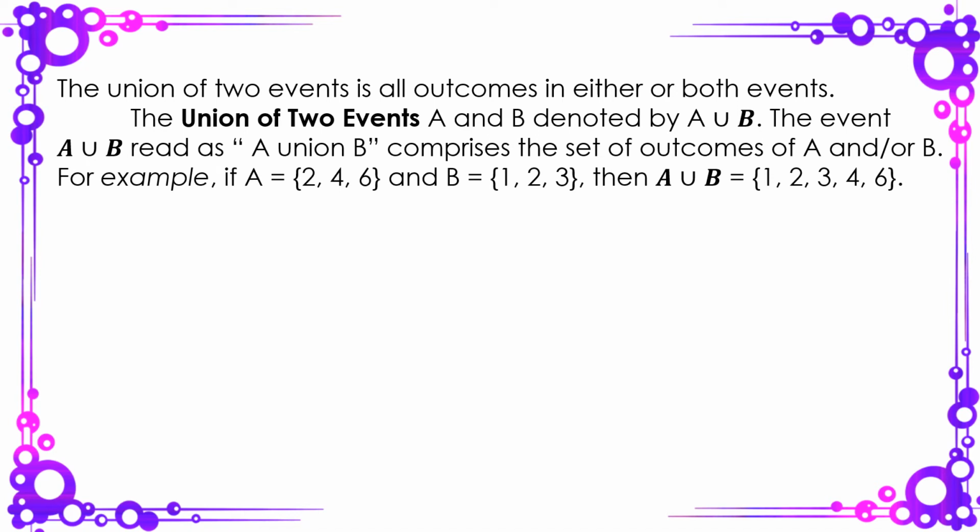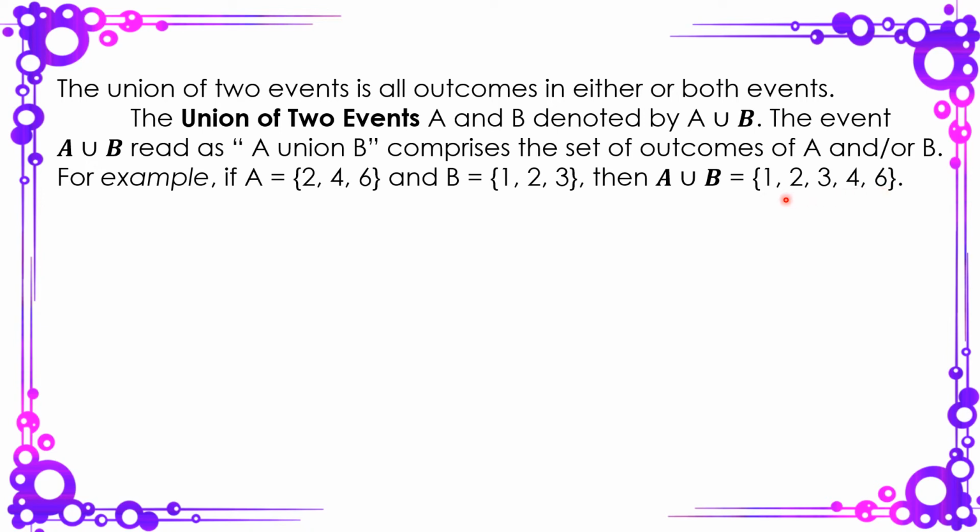The union of 2 events, A and B, is denoted by A union B, using the symbol for union, which is the letter U. The event A union B comprises the set of outcomes of A and/or B. For example, if A is equal to 2, 4, and 6, and B is equal to 1, 2, 3, then A union B is equal to 1, 2, 3, 4, and 6.